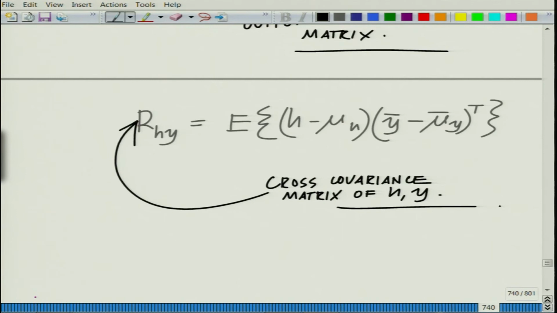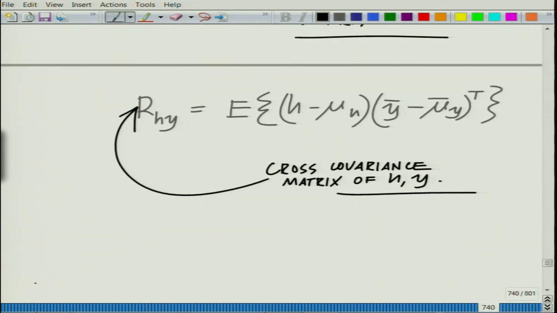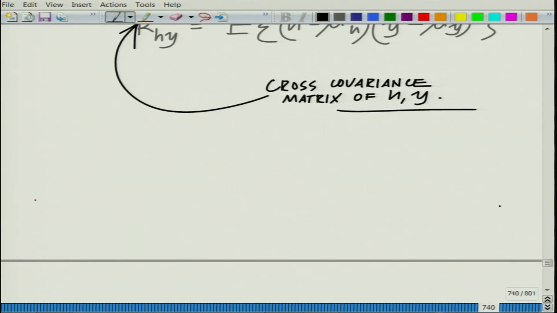This is the cross covariance matrix of h comma y, and this is another quantity that is needed to determine the estimate of the unknown parameter h.